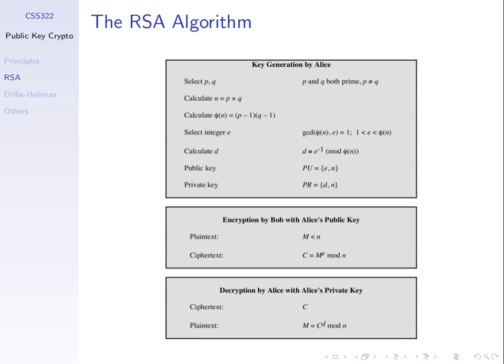The discrete log in base m with mod n of c should be equal to e, the exponent. It turns out that's hard to solve. Here we need to find m, given some c, given the modulus n and the exponent e, find the base where this is true.